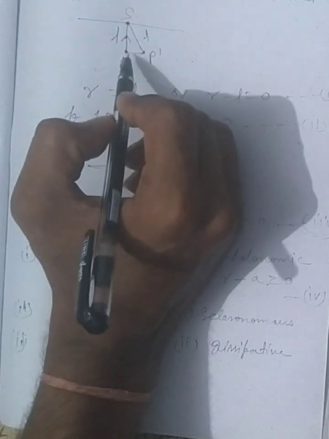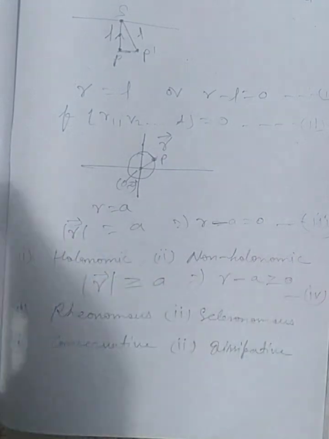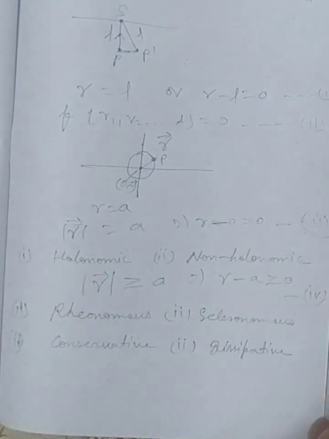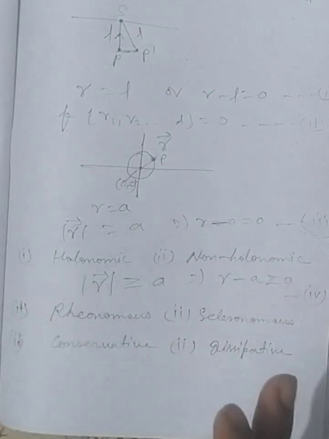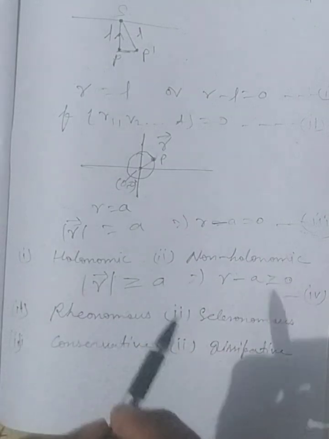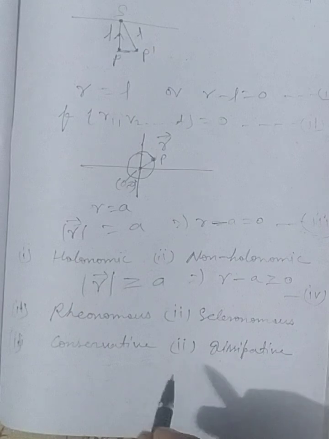And of course, the tension force and the velocity of the particle are always perpendicular to each other. So there's no work done by the tension force, or we can say that there's no work done by the constraint force in this case. So there is force actually, but there's no work done by the constraint force, and so the total mechanical energy of the system is always conserved. And this type of constraint is called a conservative constraint.